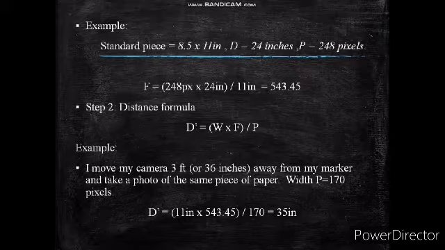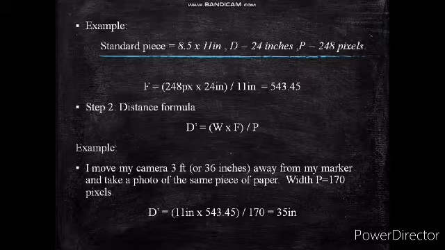In the next step, we apply the same concept, triangle similarity, to find the distance of the object to the camera. The formula is D = (W × F) / P. Now I move my camera 3 feet or 36 inches away from my marker and again take a photo of the same piece of paper. Now I get the width as 170 pixels.